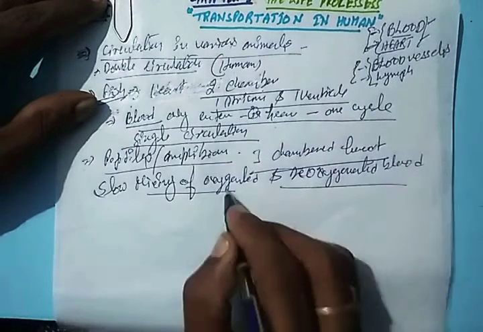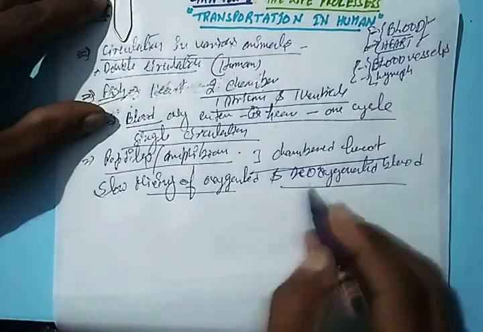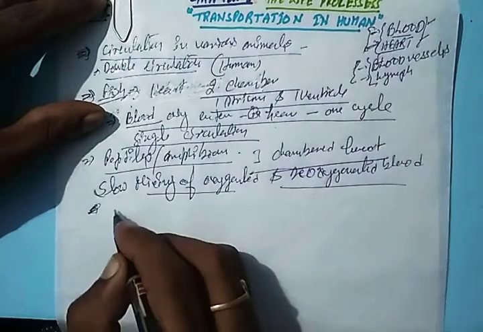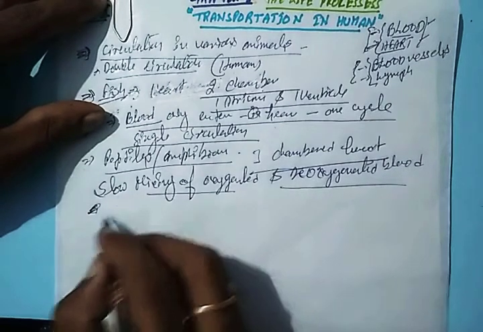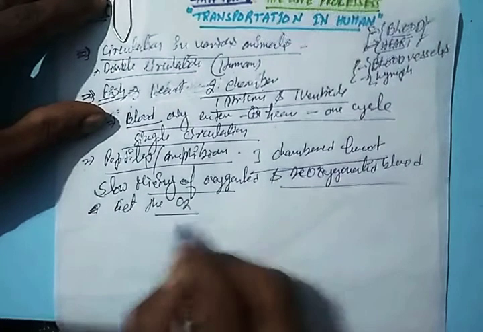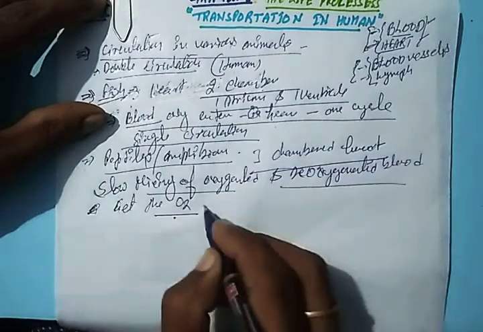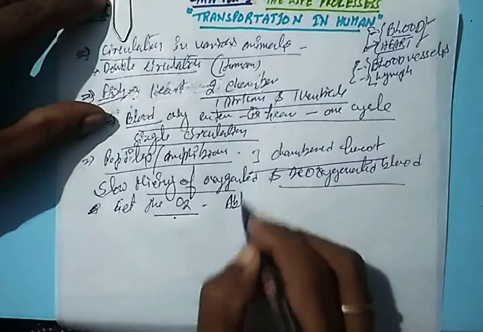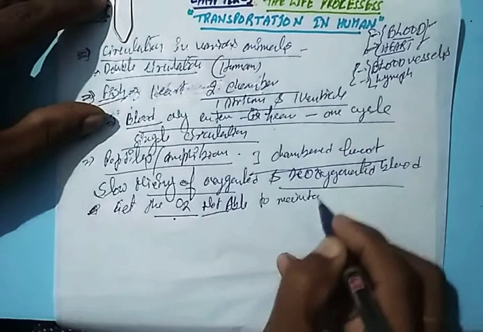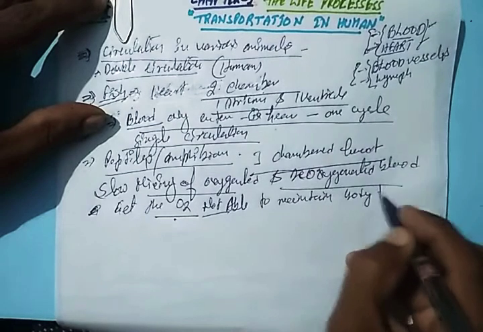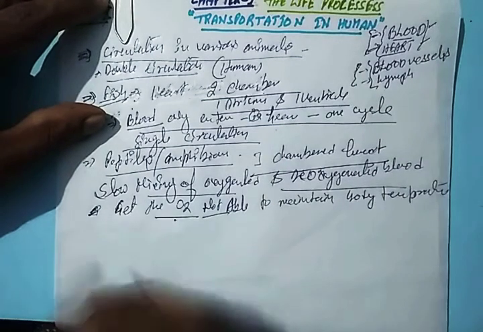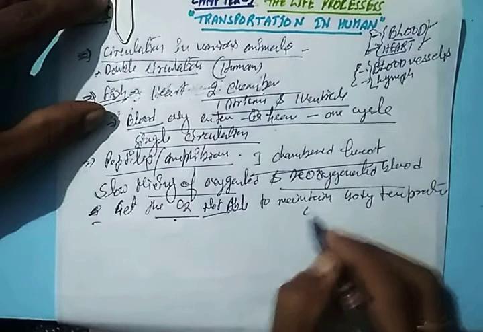Due to this slow mixing of oxygenated and deoxygenated blood, they are not able to get enough oxygen. That's why they cannot maintain their body temperature, and they become cold blooded.